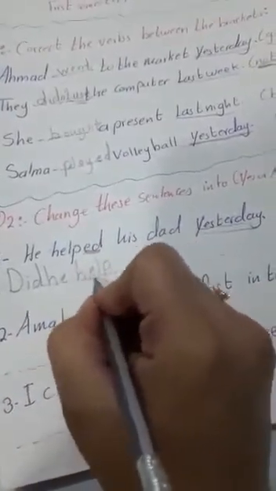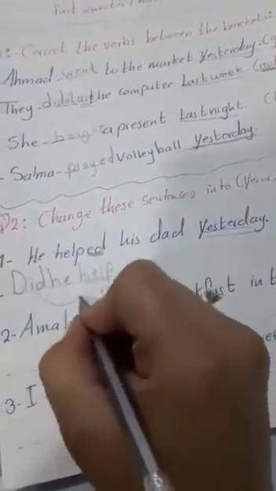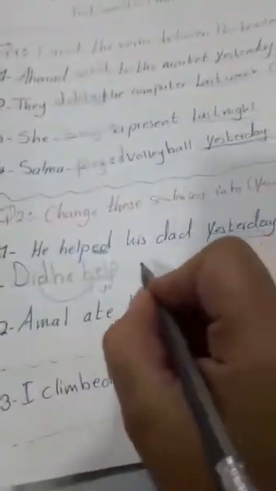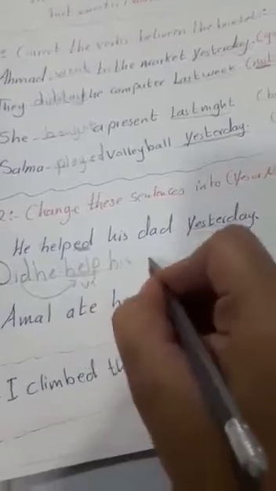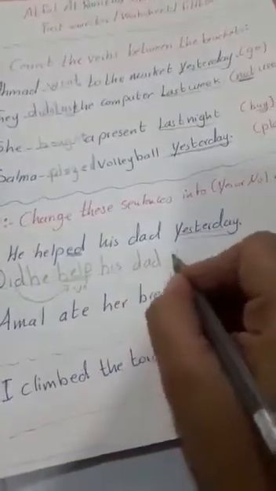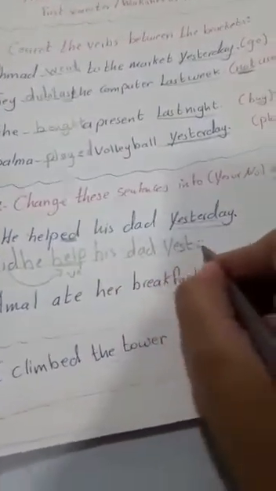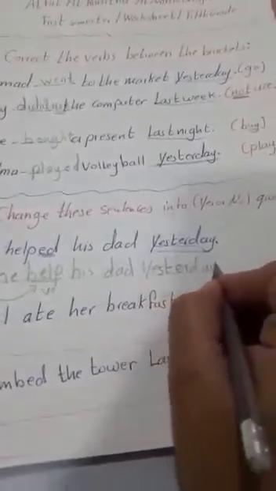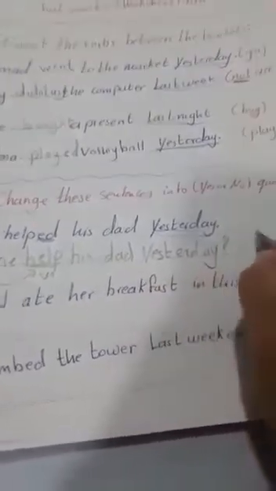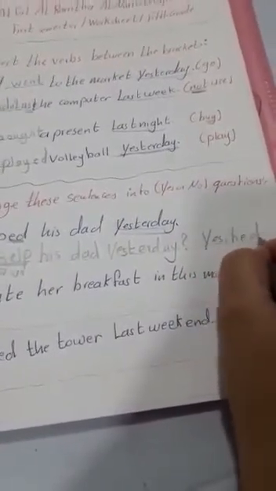We return it to verb 1, because after did the verb is always verb 1. Did he help his dad yesterday? We put a question mark here. For example, yes he did or no he didn't.